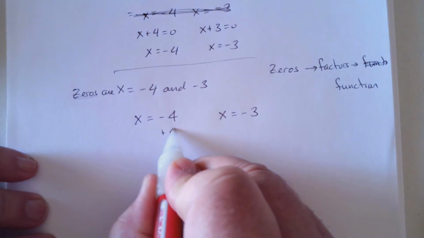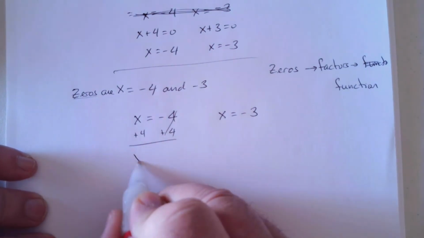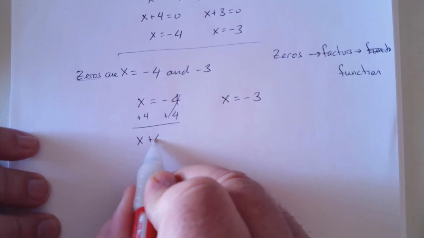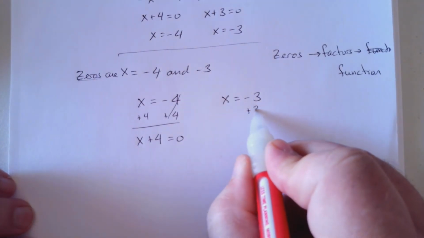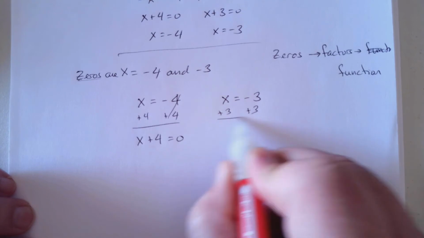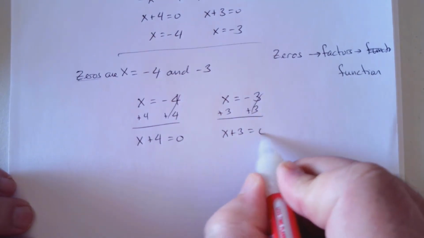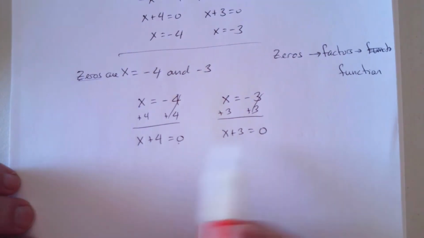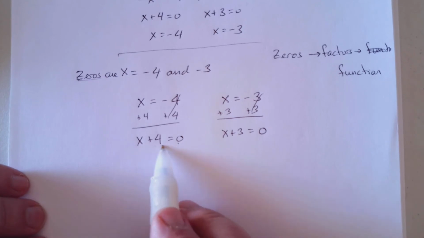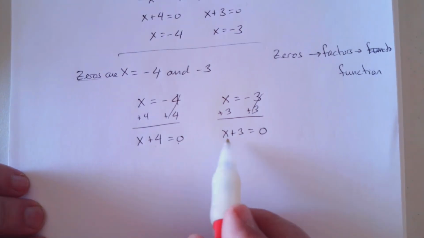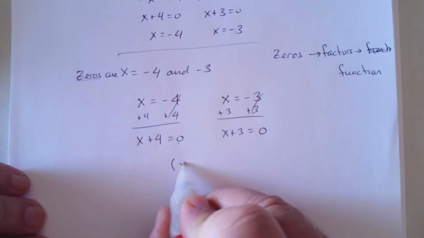So if we add 4 to both sides, we get x plus 4 equals 0. And if we add 3 to both sides, then we get x plus 3 equals 0. That's why they're zeros, because they equal 0. Okay, since those are our two factors that equal 0, we can take them and put them together.